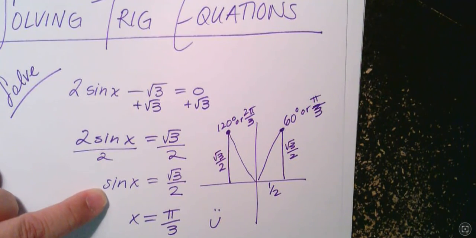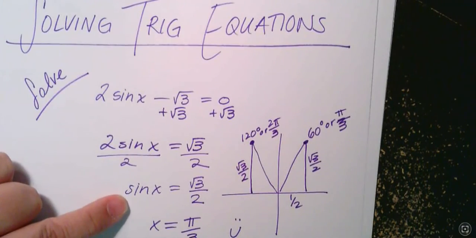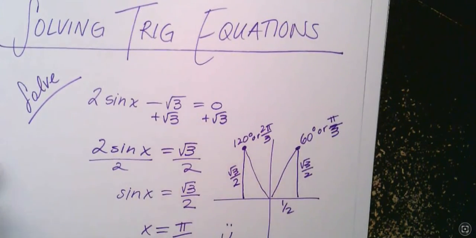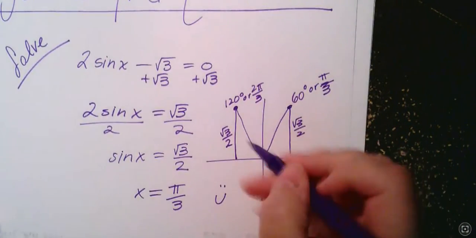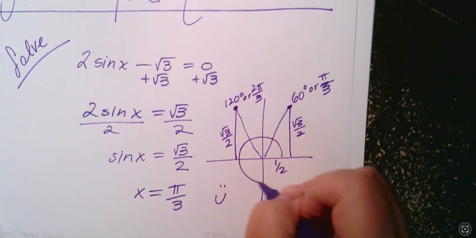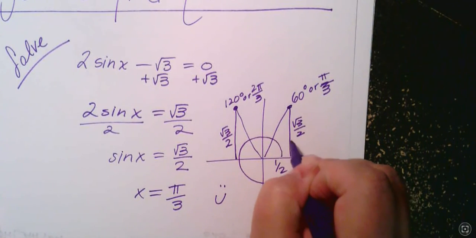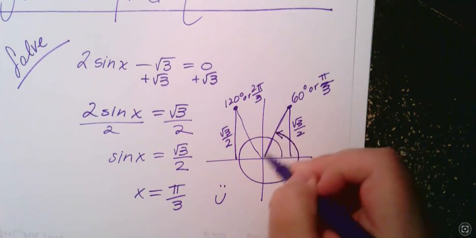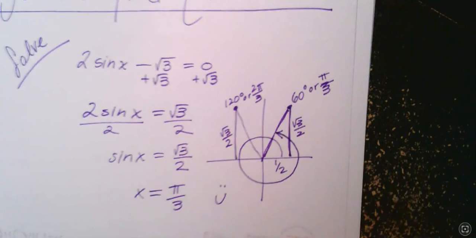But wait, there's more. Not only that, but what about the angle 420 degrees? Okay, 420 degrees, I start here, I go all the way around 360, and I add 60 more degrees, and boom, there I am, and I have a sine of square root of 3 over 2.